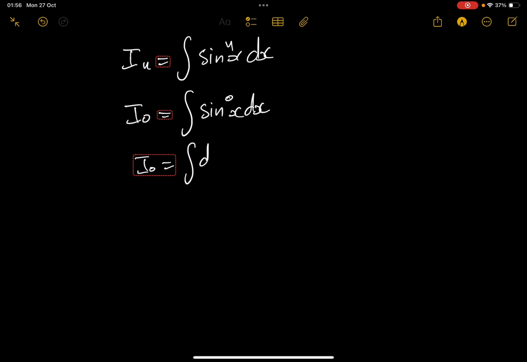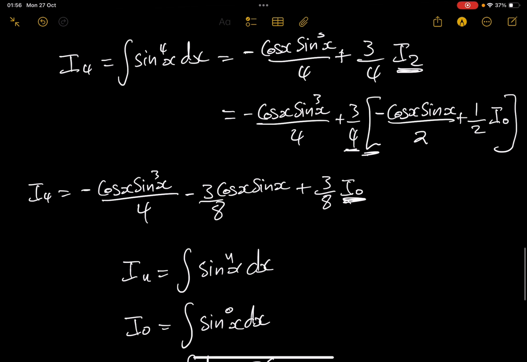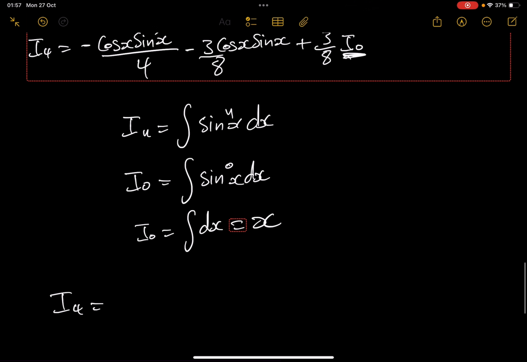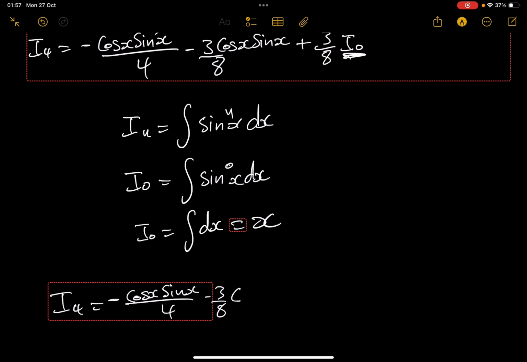So the integral of dx is equal to x. So even here, your final answer I_4 is equal to minus cos x sin^3 x over 4 minus 3 over 8 cos x sin x plus 3 over 8 x plus c.